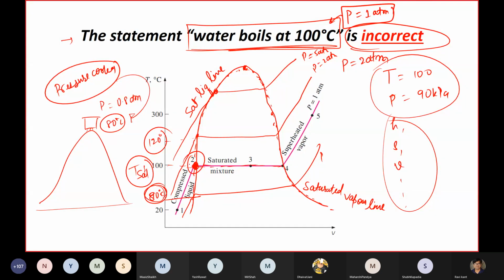At that pressure, whenever the phase change happens, it is called the corresponding saturation pressure. So for 100 degrees C you have saturation pressure 1 atmosphere, saturation temperature 100 degrees C. For 120 you will have another pressure, another temperature. For 5 atmosphere you have another temperature and another pressure.